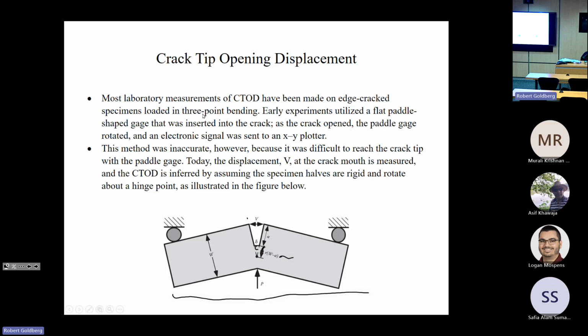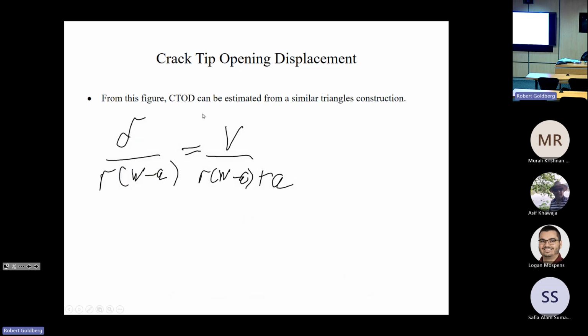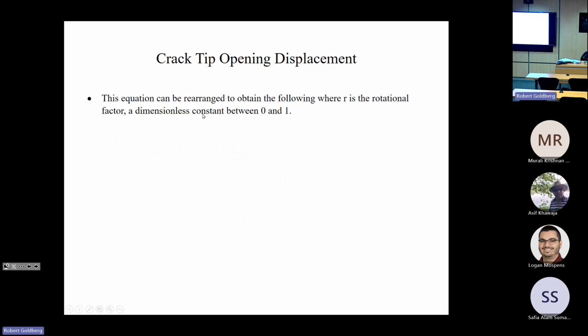So delta, this horizontal dimension, is the length of the side of this little triangle, which is R times (W minus A), and it is related to, for the big triangle, V, which is the base of the big triangle, and the length of the sides is our length A plus R times (W minus A). So that's how we set up our similar triangles for that analysis.